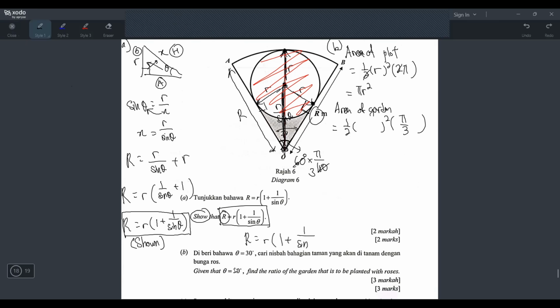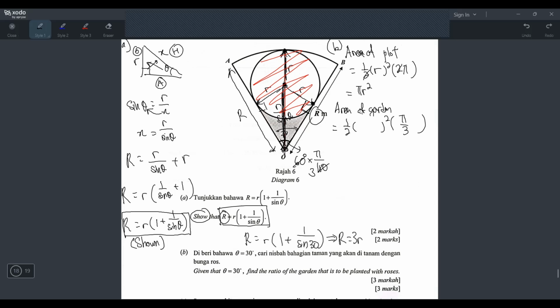But since now they already give me theta is 30, it means I can calculate all this, right? So what is 1 divided by sine 30? If you press calculator, you will get 2. And then 2 plus 1 is 3. It means this whole thing is 3, and then 3 times r is 3r. It means big R is actually equal to 3 small r. So the big radius is actually 3 times the small radius.